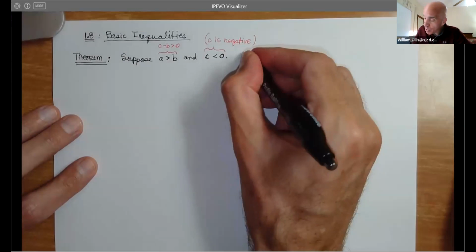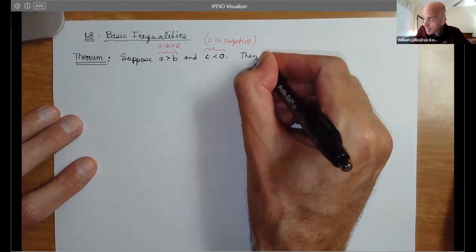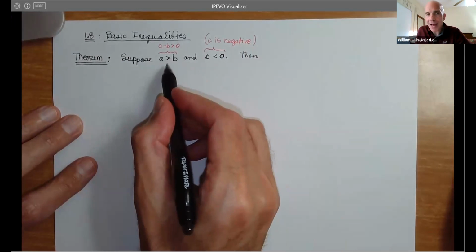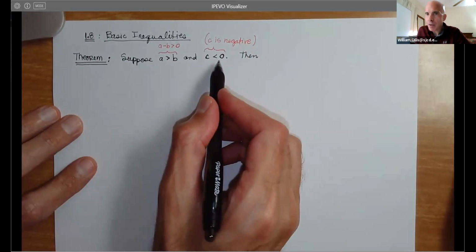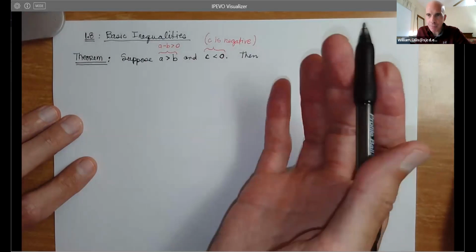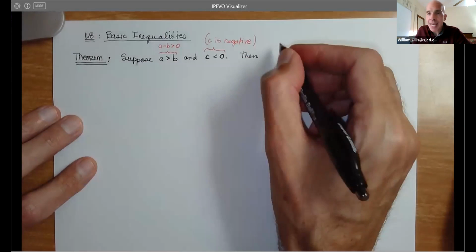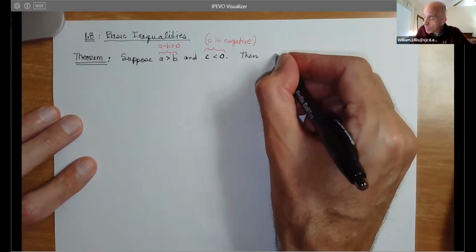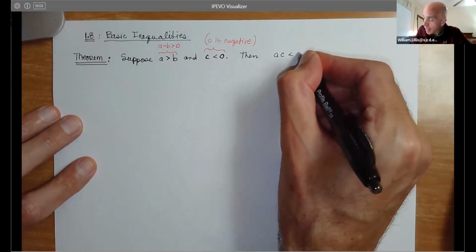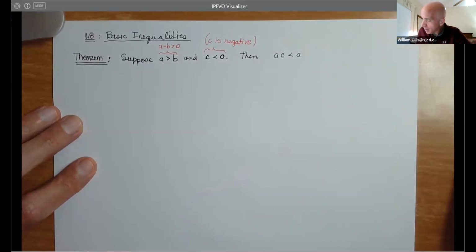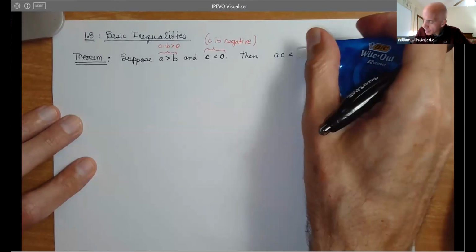Now, what's the result? Then this means if you multiply an inequality by a number less than 0, or division, same thing, division is multiplication, it reverses the sign of the inequality. So AC will be less than BC.